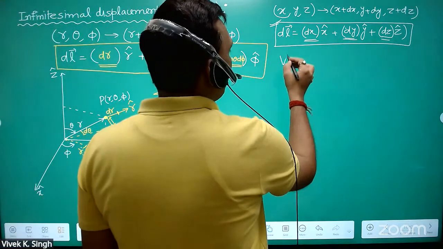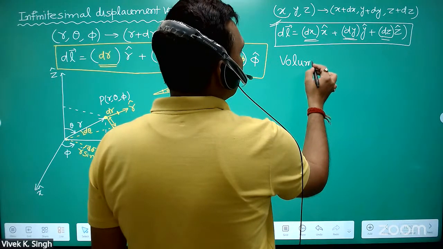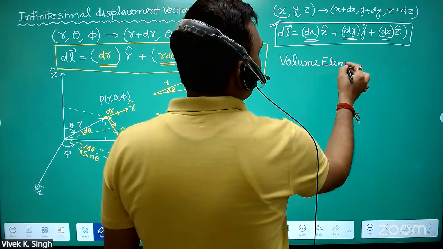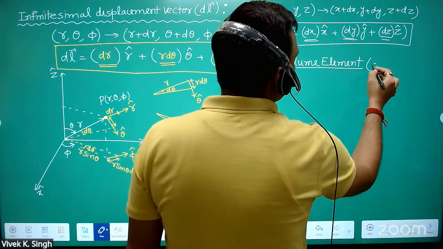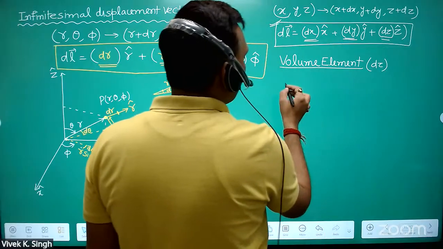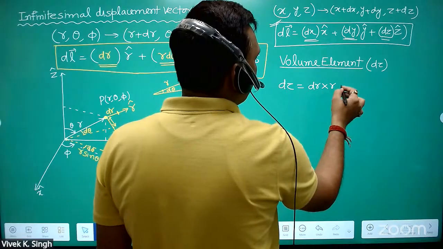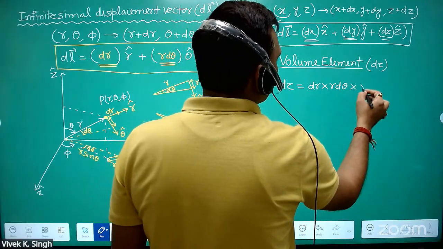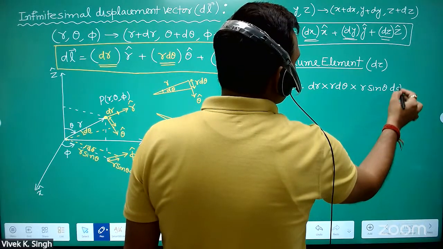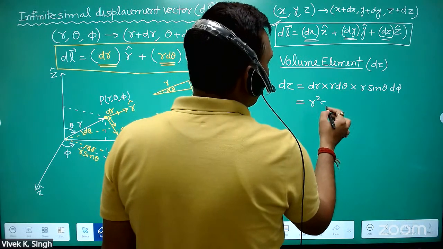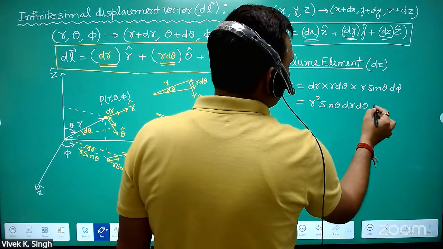So what will be the volume element? If you have to write the volume element in the spherical polar coordinate system, the volume element d tau will be given by, this is dr, just multiply this side, dr times r d theta times r sin theta d phi, and this will be r square sin theta dr d theta d phi.